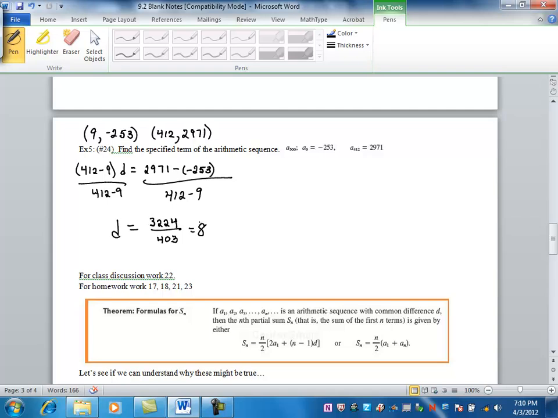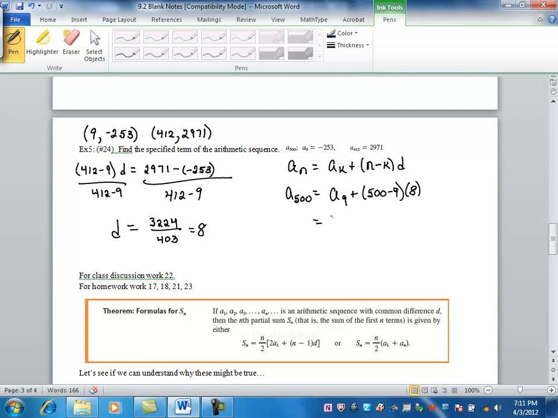Now, keeping in mind that the nth term is the kth term plus n minus k times d. If I'm looking for the 500th term, this is going to be the 9th term, a sub 9, plus 500 minus 9 times d. d is 8.